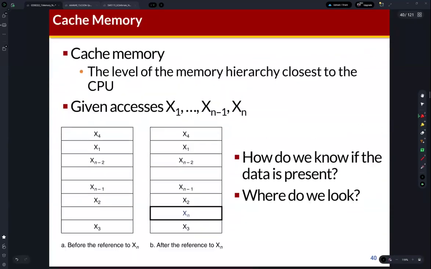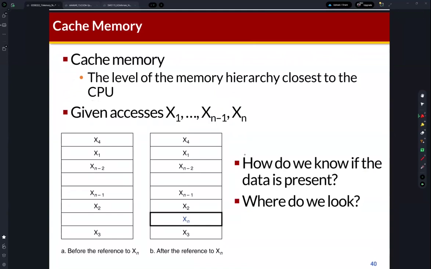So this is the structure of a cache. So cache is also memory. Okay, then what is memory? Memory includes multiple entries, right? Multiple memory elements.